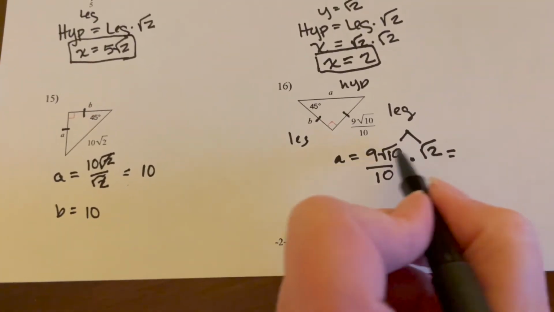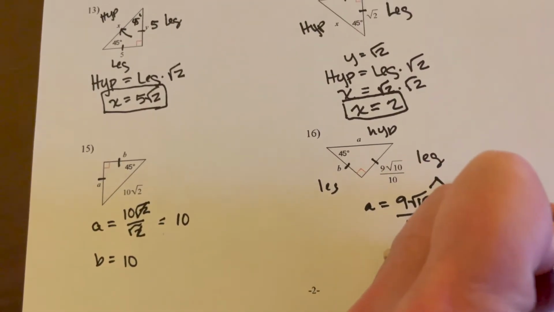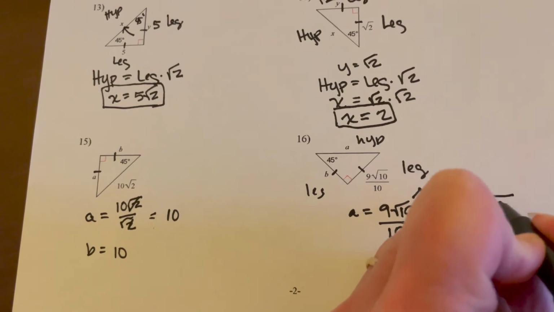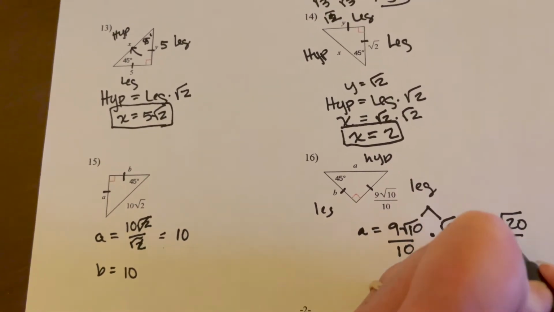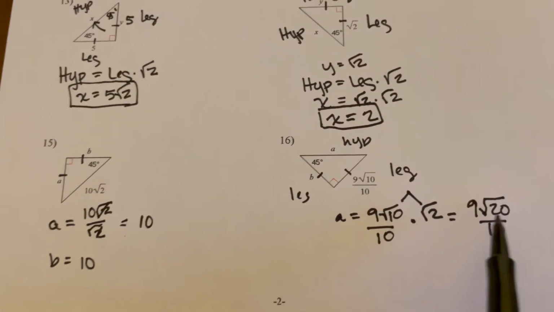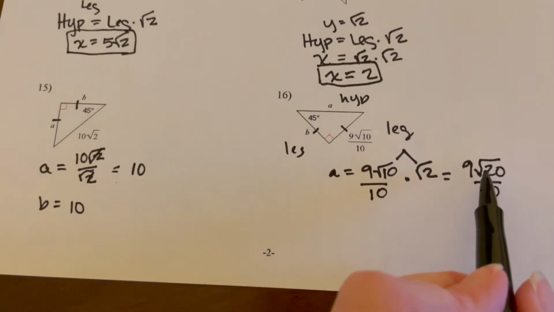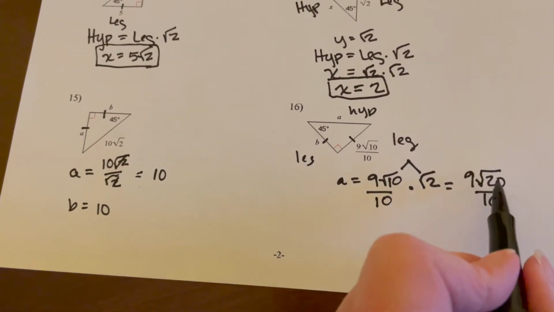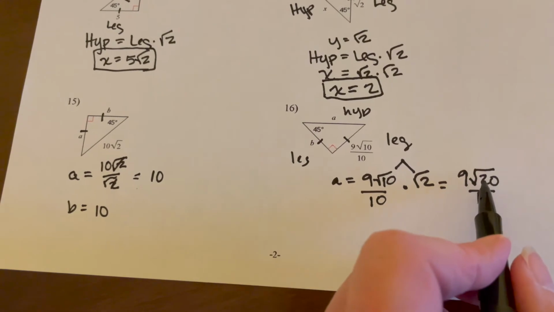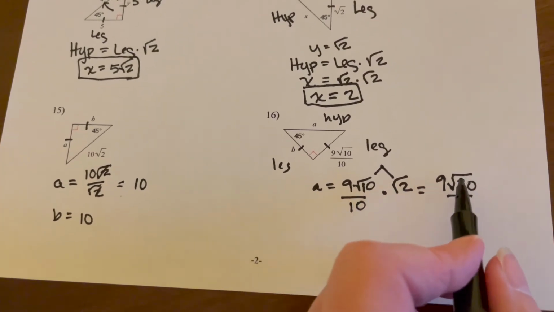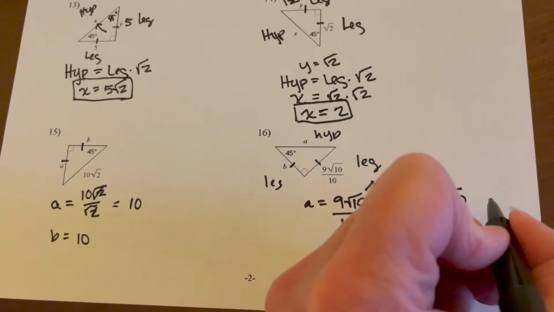So when I multiply what's under my radical, I'm going to get 9 times the square root of 20 all over 10. Well, careful, because now I need to simplify the square root of 20, right? So the square root of 20 is 4 times 5, so 2 times 2 times 5.